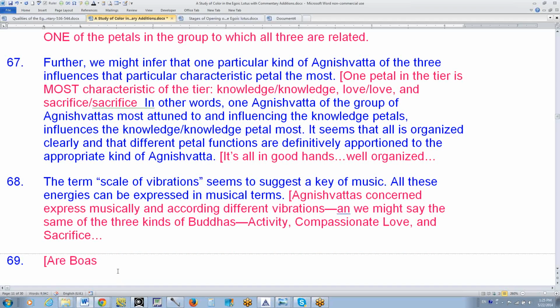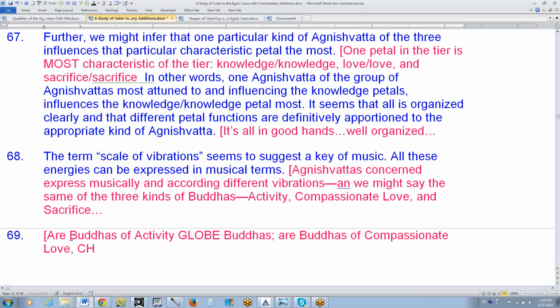Well, we could ask, and I think I did kind of ask that, are Buddhas of activity globe Buddhas? Well, this cannot be answered exactly in the sense that it's being asked. Are Buddhas of compassionate love chain Buddhas, and are Buddhas of sacrifice scheme Buddhas? There is one reason for thinking that this could be the case, but how many Sanatkumaras are there? Well, right for our globe, Sanatkumara is making his appearance in relation to our globe.